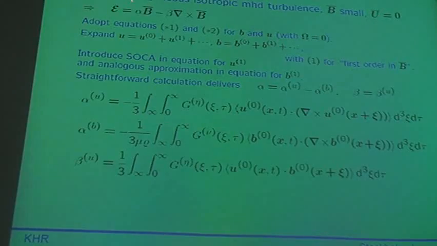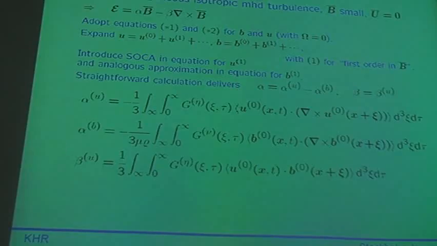Then we have, by symmetry reasons, again E equal alpha times B minus beta curl B. We have no E0 term because in the isotropic case it must be an isotropic vector, and we have no isotropic vector. By definition, there is no isotropic vector.